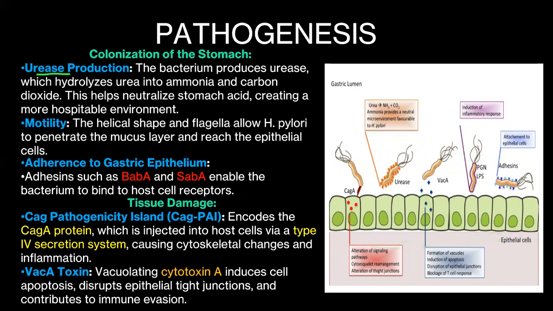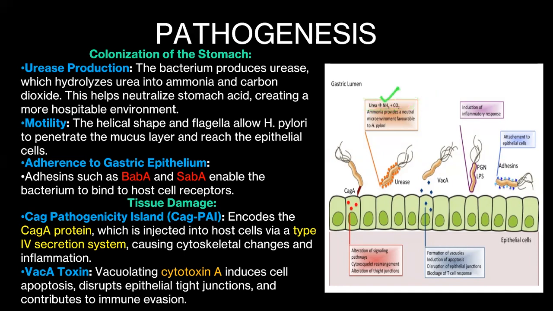First of all, urease production. H. pylori produces an enzyme, urease. Urease converts urea into ammonia and carbon dioxide. As we know, H. pylori survives in the stomach, which has acidic conditions. By this reaction, urea is converted into ammonia and carbon dioxide.